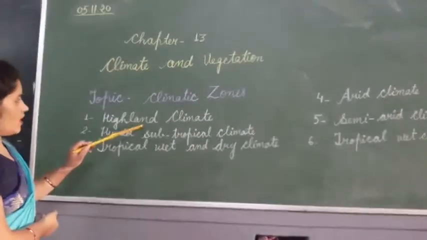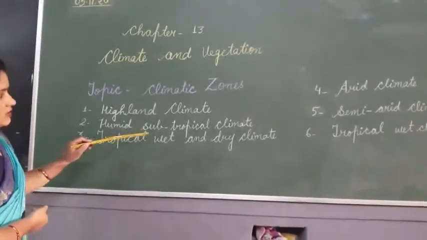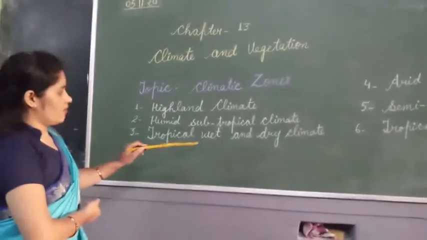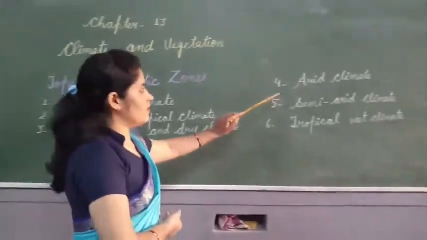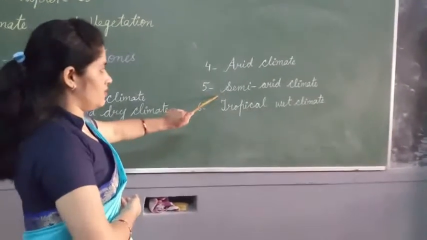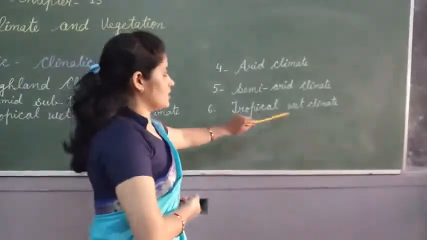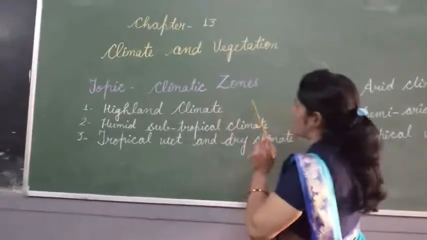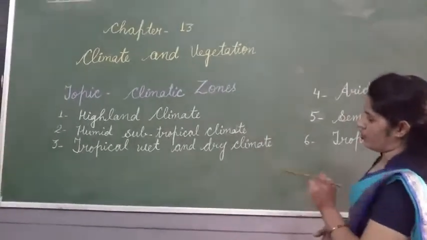First one is highland climate, second one humid subtropical climate, third one tropical wet and dry climate, fourth one arid climate, fifth one semi-arid climate and sixth one is tropical wet climate. Okay. So first we will know about climatic zones in short, then we will study about each of them one by one.